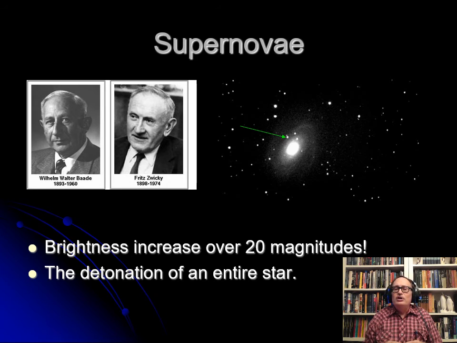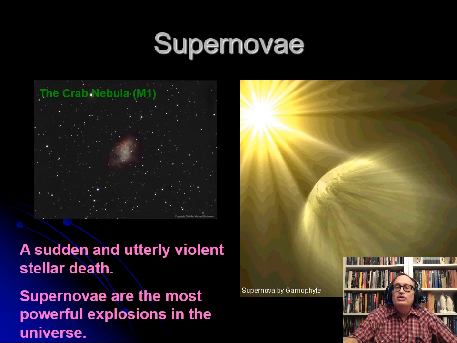And so he realized that nothing could survive that. That would so far exceed the Eddington limit, there'd be no hope of a star surviving. So he realized what he was actually seeing was a star exploding. So a supernova is actually an exploding star. We'll get more about how that works later on. So a supernova explodes.